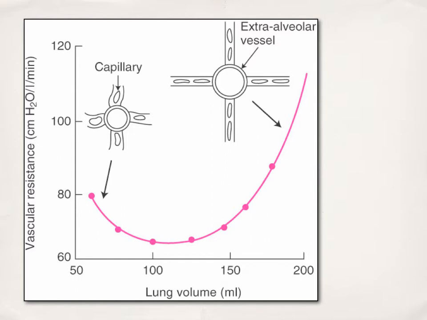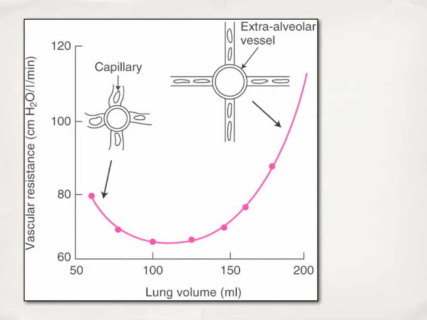This graph you may remember from West respiratory physiology, basically trying to demonstrate the J-shaped curve in the pulmonary vascular resistance. As the lungs are collapsed on the left side of the graph, there's increased resistance, so that's when the lungs have atelectasis.